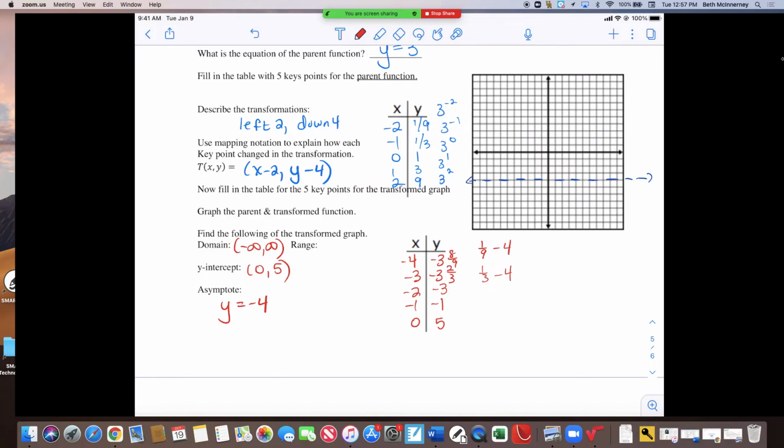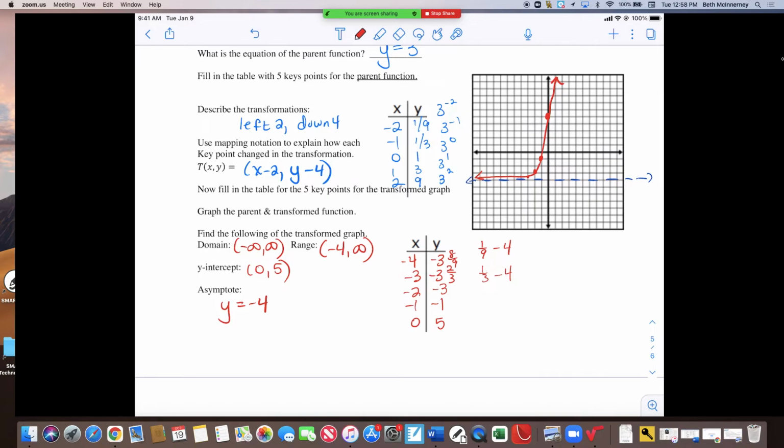So 0, 5, 1, 2, 2, 3, and then -1, -3, and do you see the other two are just getting super close to that y is -4. So my range is -4 to infinity.